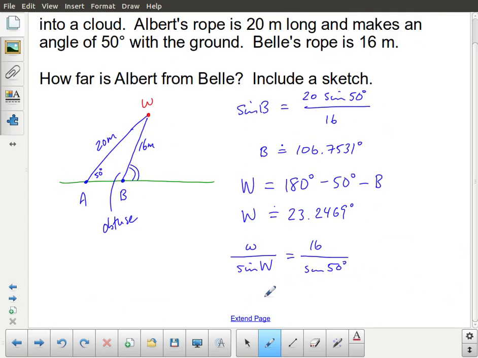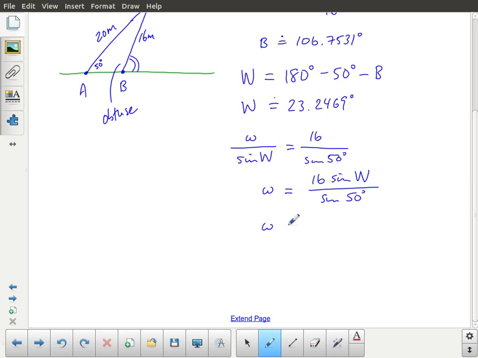And so I end up with W is equal to 16 sine of the angle W divided by sine of the angle 50 degrees. W is approximately equal to 16 sine of my previous answer divided by the sine of 50 degrees.